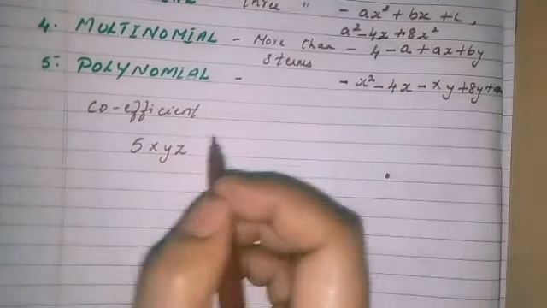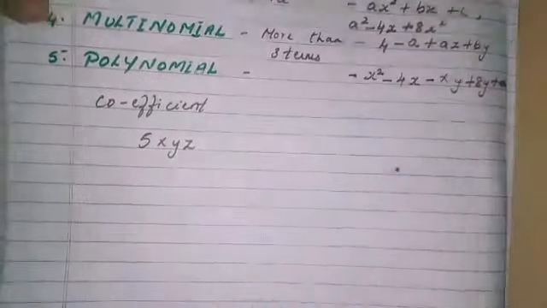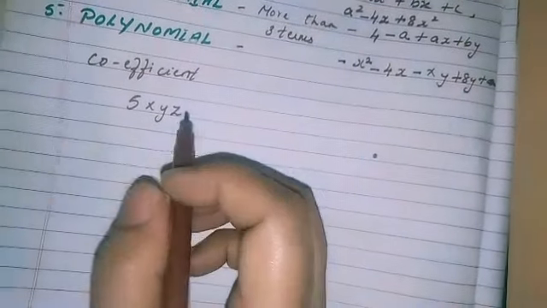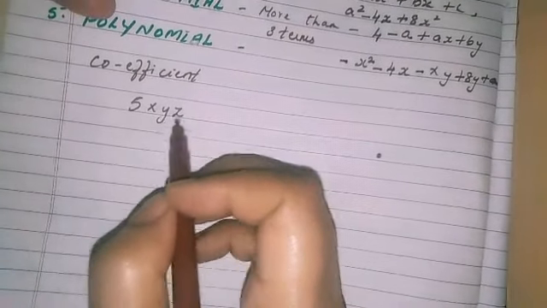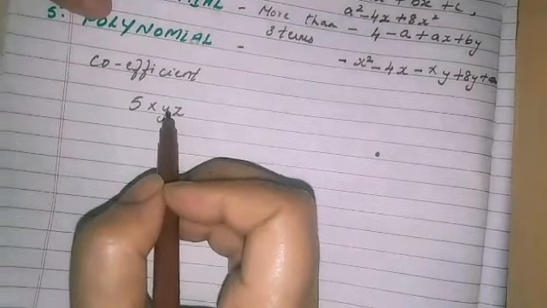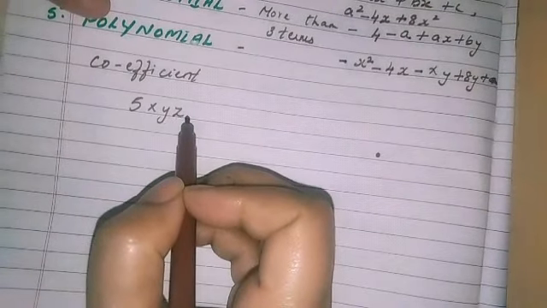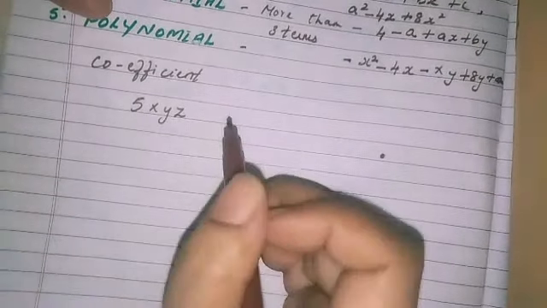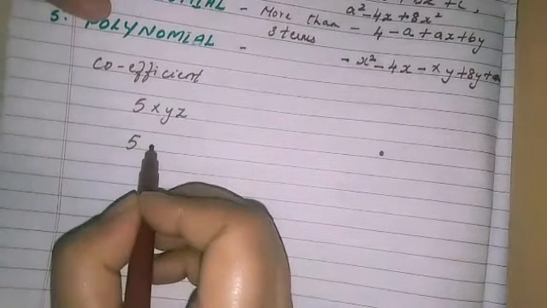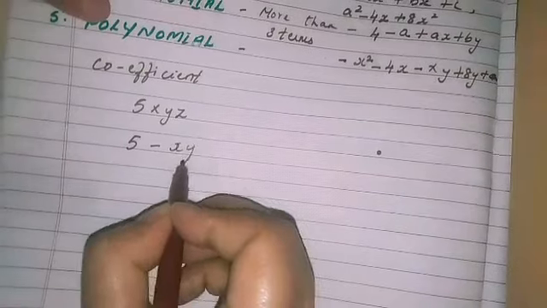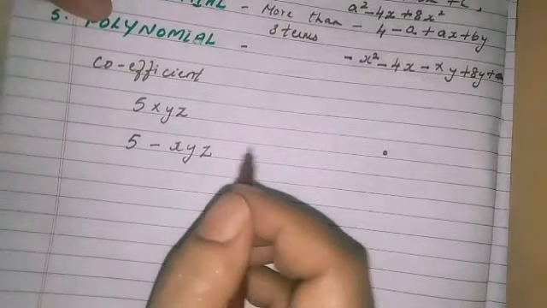Now let us learn about the term coefficient, what the coefficients are. I have taken an example of 5xyz. You could say this also as 5 into x into y into z. The coefficient of 5 is going to be xyz.